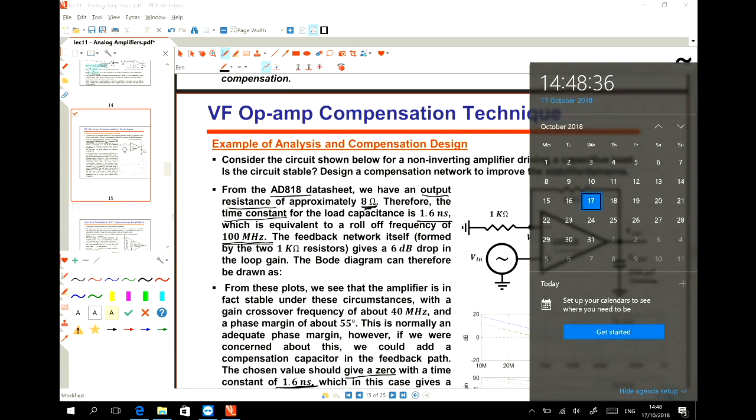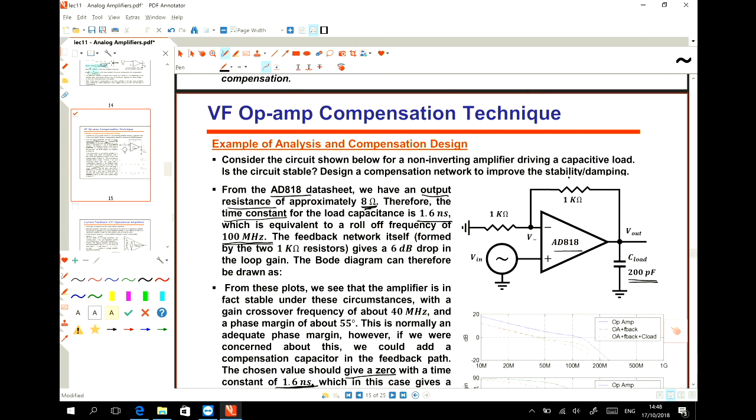So if we put a capacitor here, and the value is 1.6 picofarad, then this capacitor generates a zero in the transfer function, which compensates for the pole which happens due to the load capacitance.